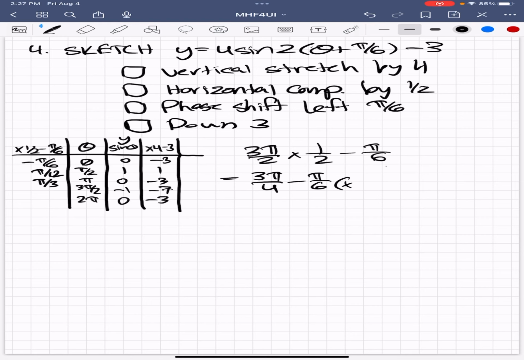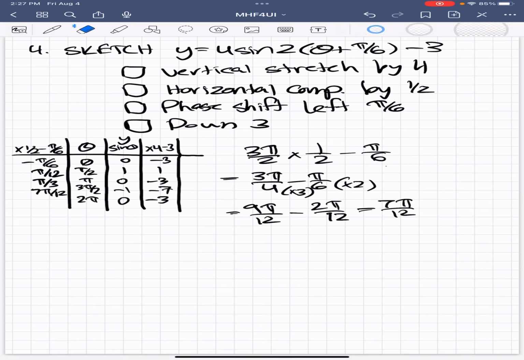So I'm going to multiply this by 2. I'm going to multiply this by 3. 9 pi over 12 minus 2 pi over 12 equals 7 pi over 12. And that is correct. I'll give you a moment to write that down.